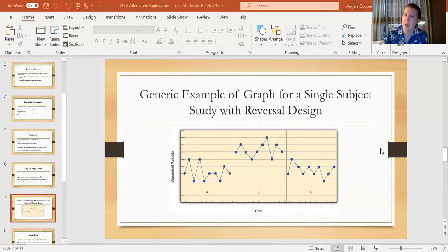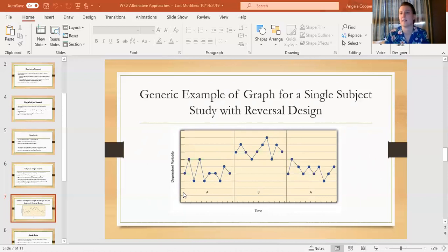But we're familiar with how graphs look in quantitative research and in the general multi-subject research that we've been discussing. We know what a scatter plot of a correlation looks like. We know what a graph that depicts a relationship looks like if we're looking at independent variables. But it's a little different with single subject research. It's still scatter plotty, but in terms of what it's telling you, that is what changes.